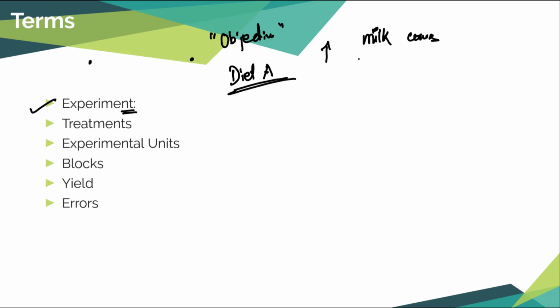So that is my objective. If I start from scratch, I will collect data, I will do the necessary statistical test, I will infer from the test, and then I will make a conclusion. So that will be called an experiment, right?